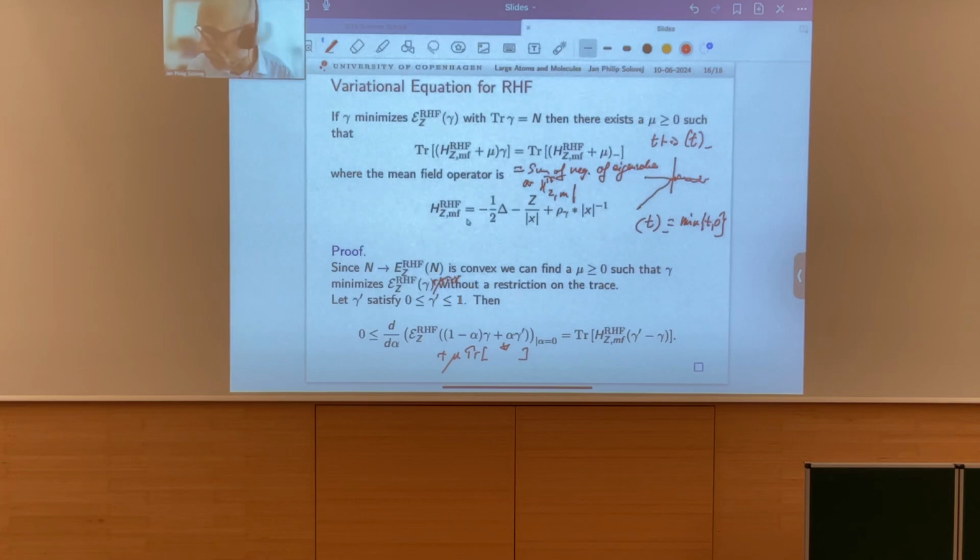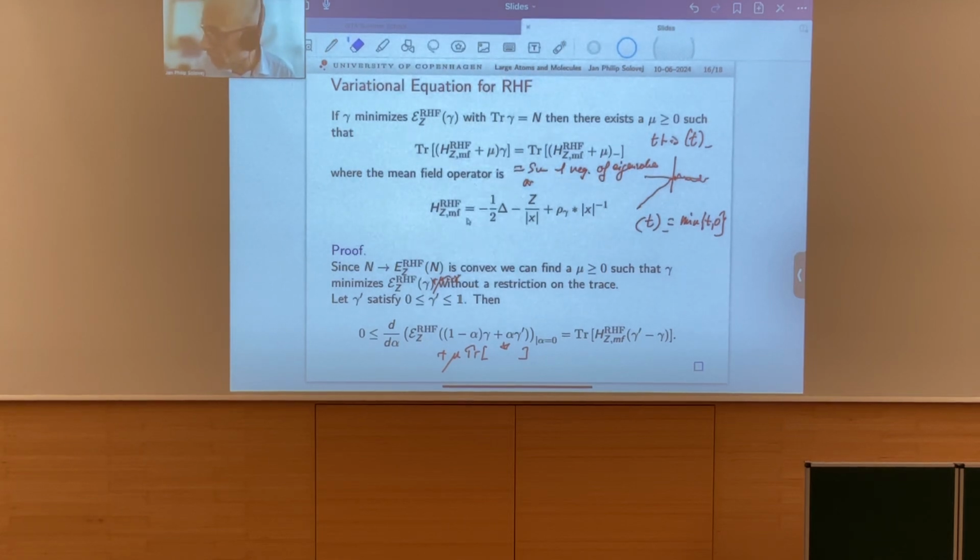Sorry, this was RHF. So this is the sum of the negative eigenvalues of this operator, RHF Z mean field.